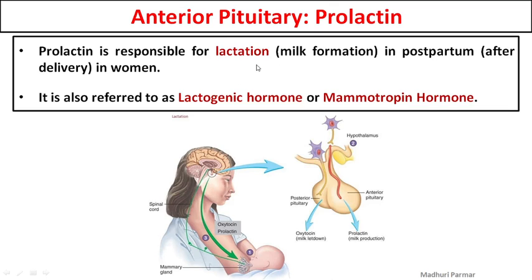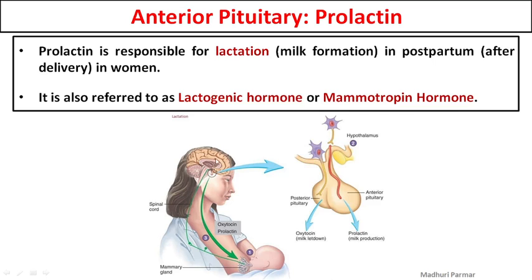Lactation is formation of milk in the mammary glands. So it will just cause formation of milk in postpartum, which is after childbirth in women. It is also termed as lactogenic hormone or mammotropin hormone. These are just some few names of prolactin.